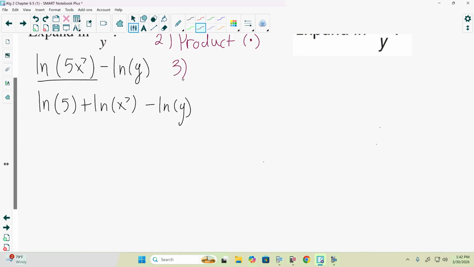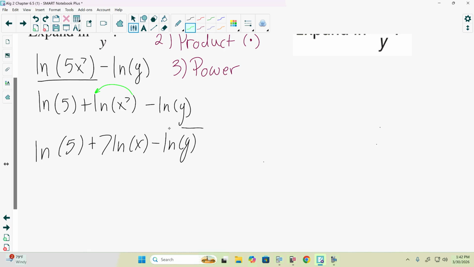And the last property is our power property. The only spot we have it is with this x to the 7th. Our power property says we can take that exponent and move it to the front. So we still have the natural log of 5 plus 7 times the natural log of x minus the natural log of y.